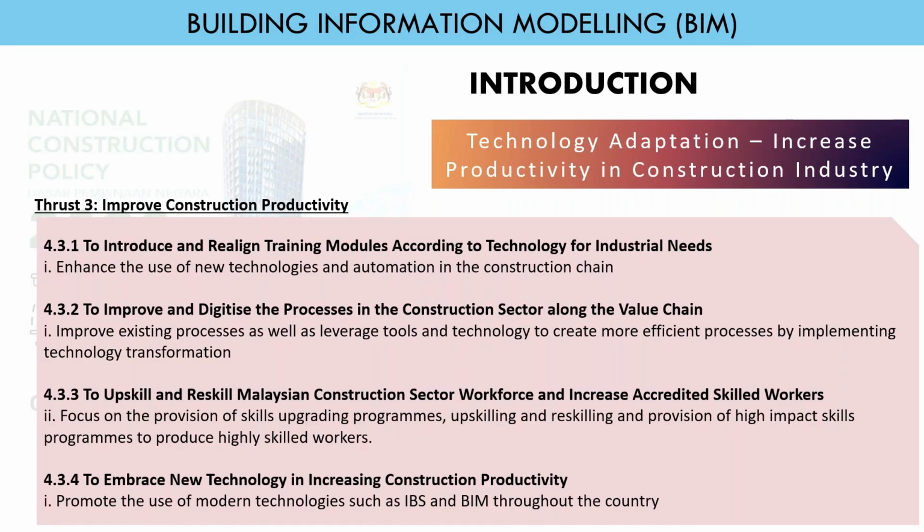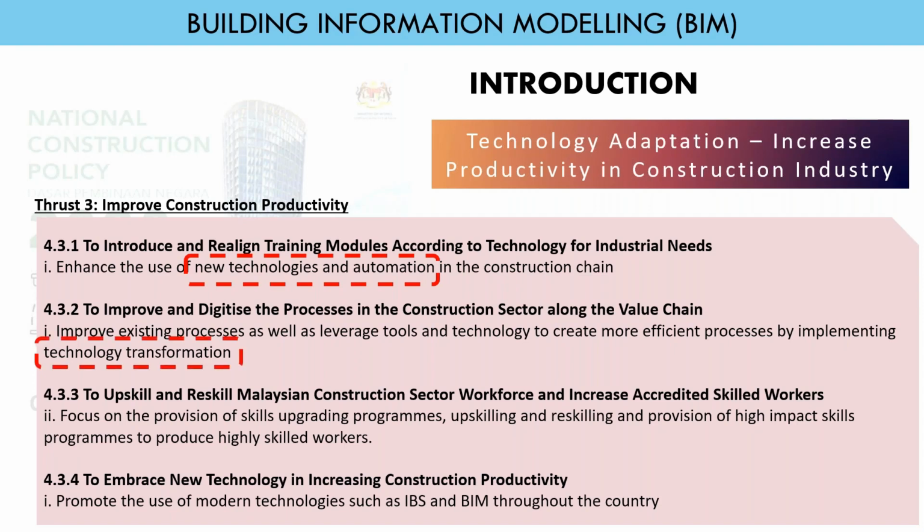Okay, and then thrust three, in terms of productivity, is using new technologies and automation. So we all know that some of the big factories like Gamuda IBS and IGM already have, the factory must have the BIM model in order to do the automation in their factory.